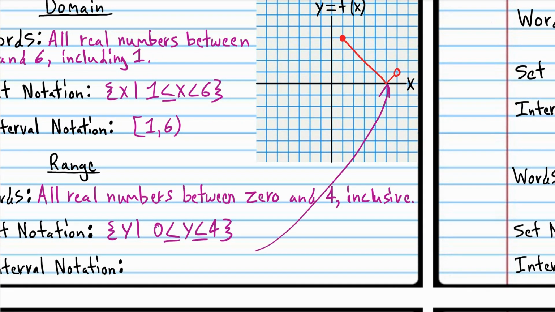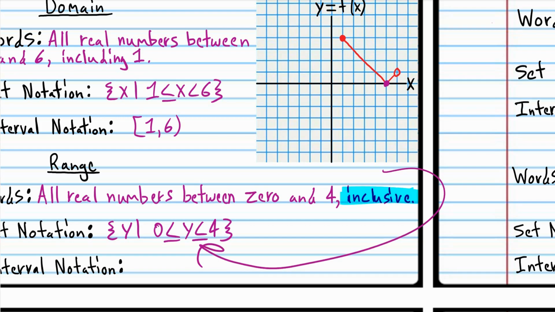We used this point. (5, 0) is on that graph, which means that 5 is part of the domain and 0 is part of the range. So 0 is the smallest number, so we use that number, and because 0 is part of the range, we have to say less than or equal to here. And we have to use the word inclusive, meaning that 0 and 4 are part of the range.